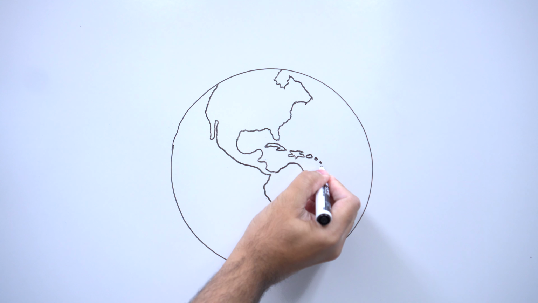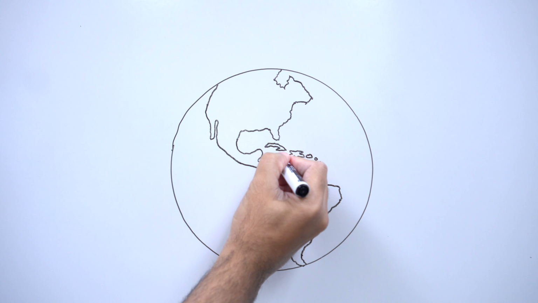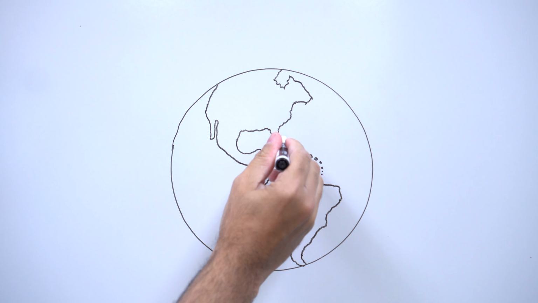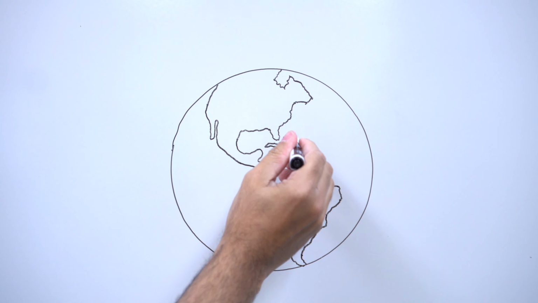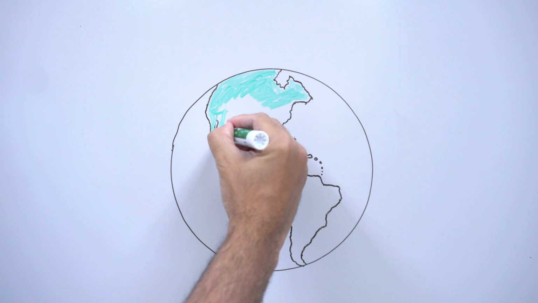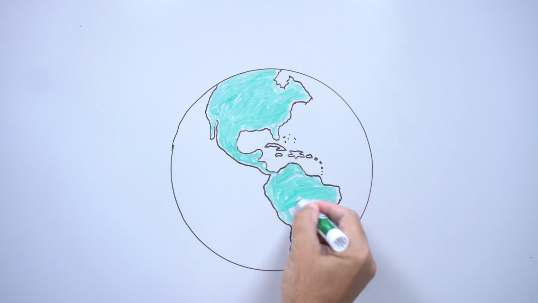Puerto Rico and the Lesser Antilles. Don't forget about my people in Jamaica. Oh right, the Bahamas. Love the Bahamas. Alright, let's color it up. It looks awesome. Almost appetizing.